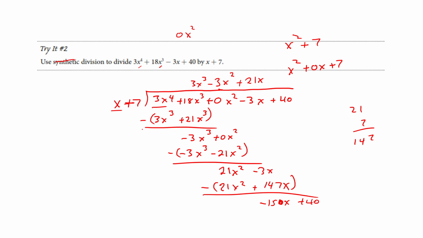Okay, we're going to get a huge number here. So x into negative 150 is negative 150. So that's how I turn these guys into each other. So I've got negative 150x. Busting out the calculator for this one. 1050.